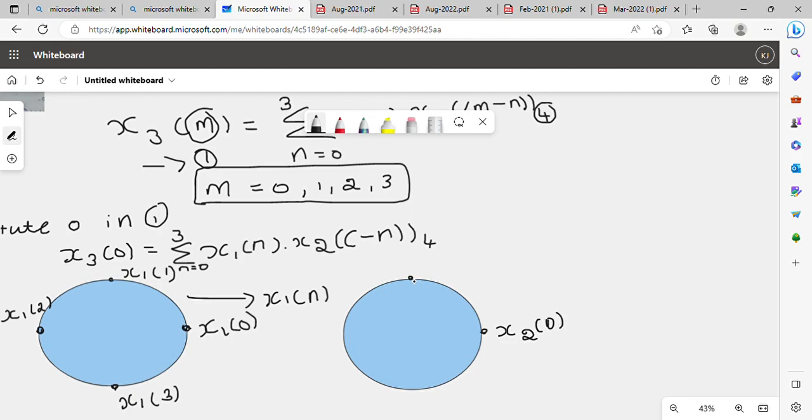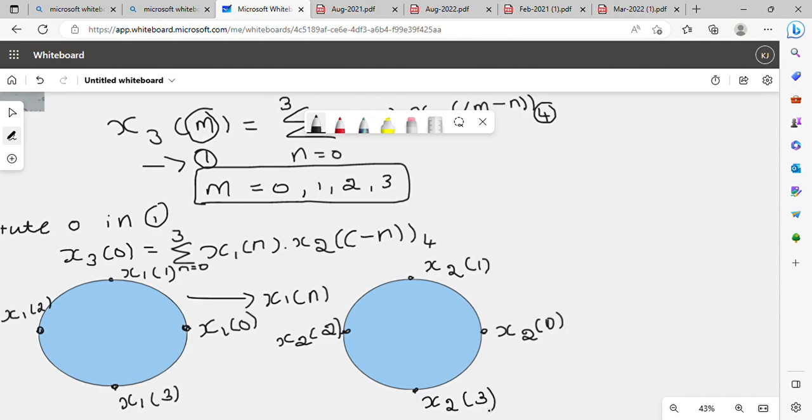So here is my x2 of 1, and here is my x2 of 2, and here is my x2 of 3, right? So we are going to write it in anti-clockwise direction. So I wrote my x1 of n and x2 of n in anti-clockwise direction.